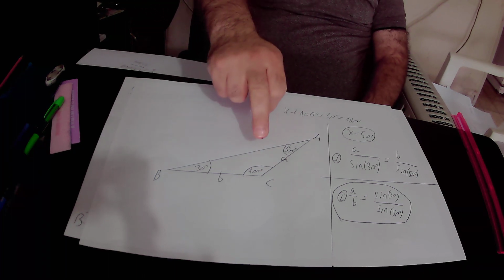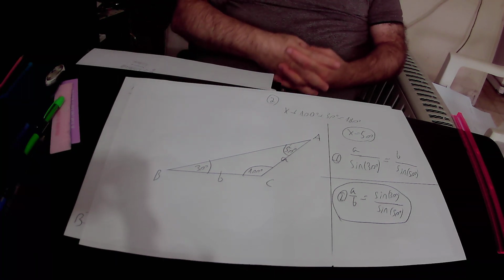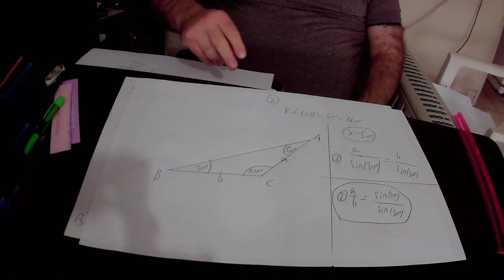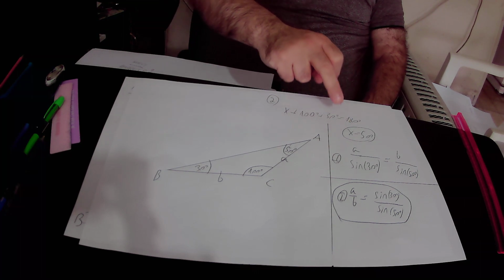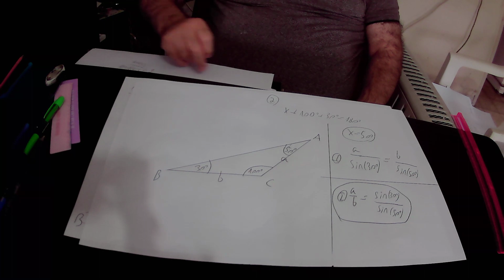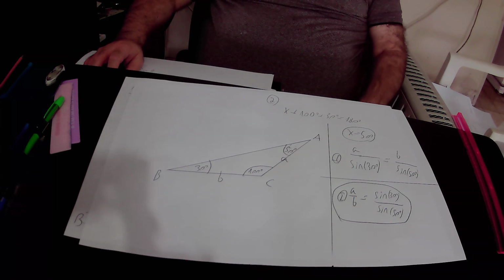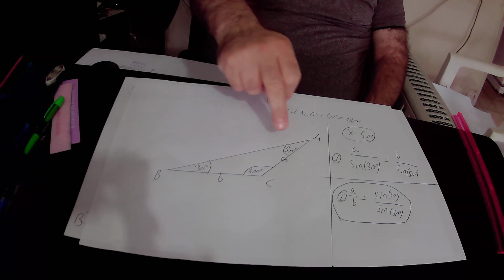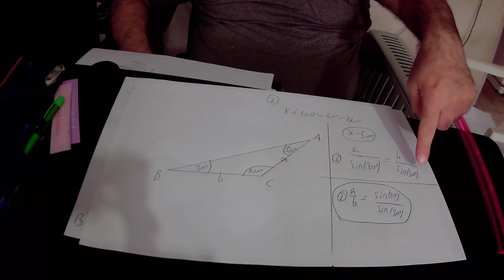And we defined AC as A and BC as B. According to the law of sines, A over sine 30 degrees equals B over sine 50 degrees, in this triangle ABC.